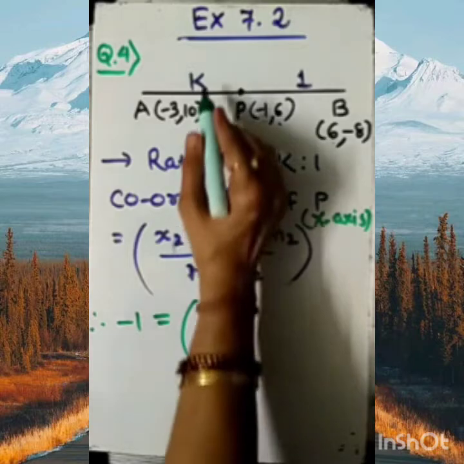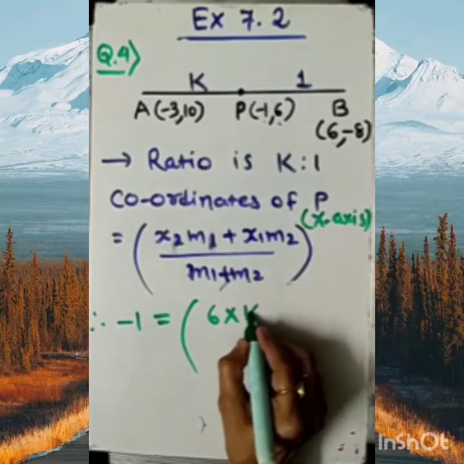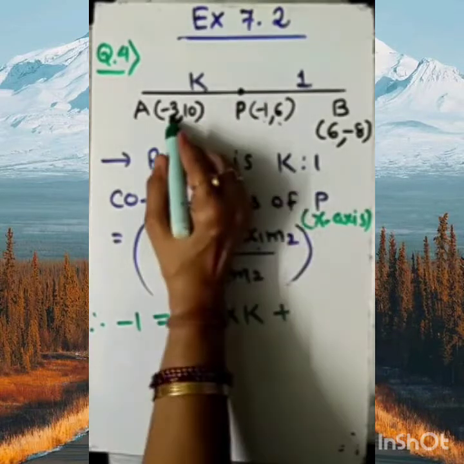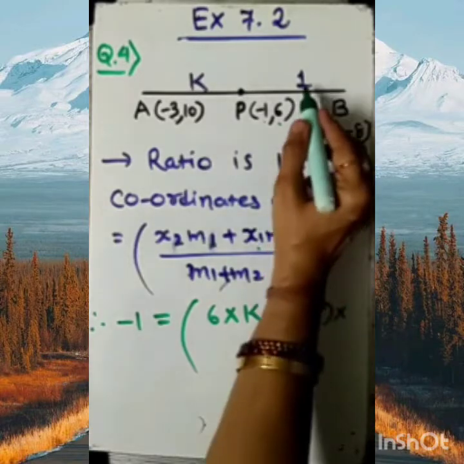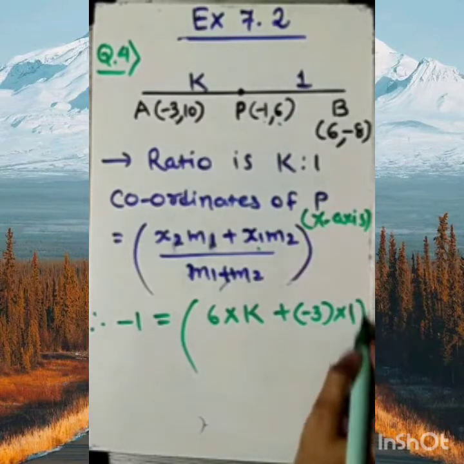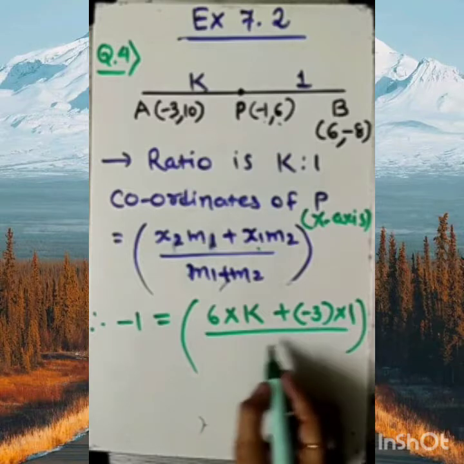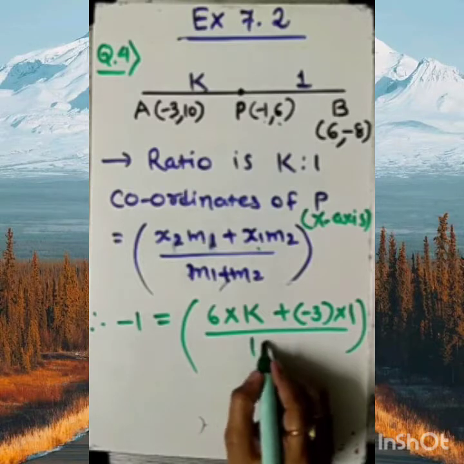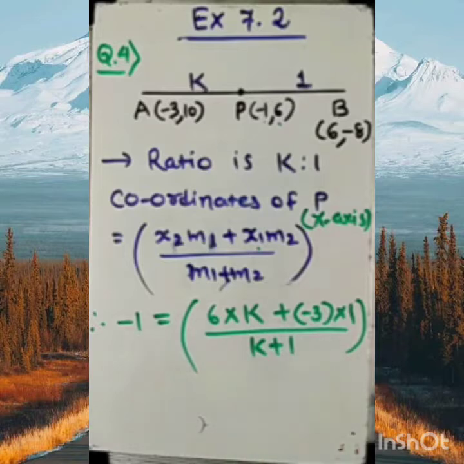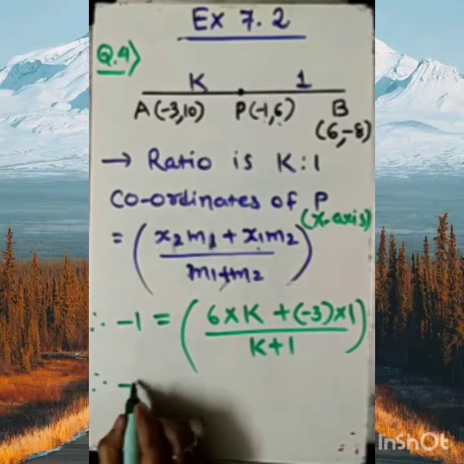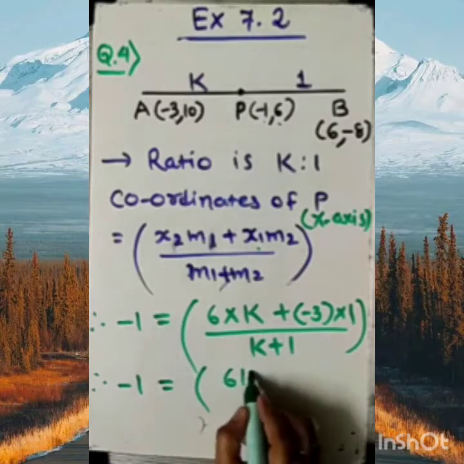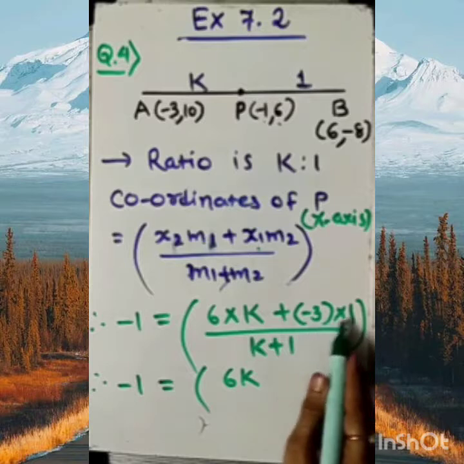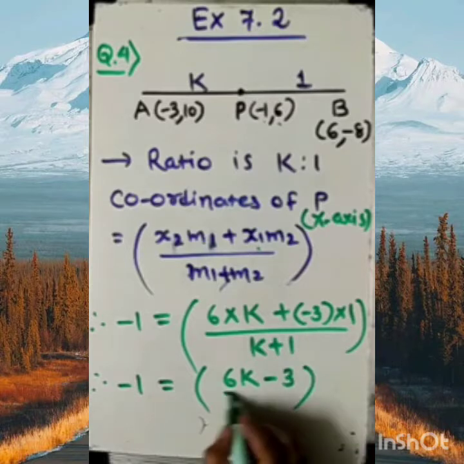M1, that is k, the ratio, plus x1, it means -3, and of course m2 means 1. So here m1 plus m2 means k plus 1. Clear to you? Now we need to simplify. Here it is -1 equal to, in the numerator, 6 into k gives 6k minus 3, upon k plus 1.